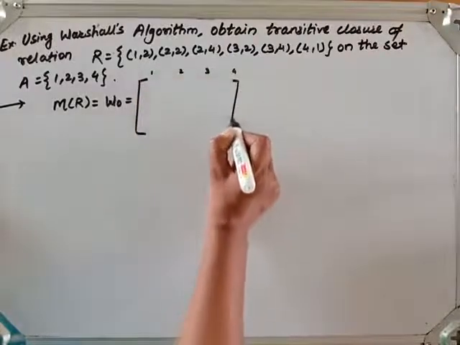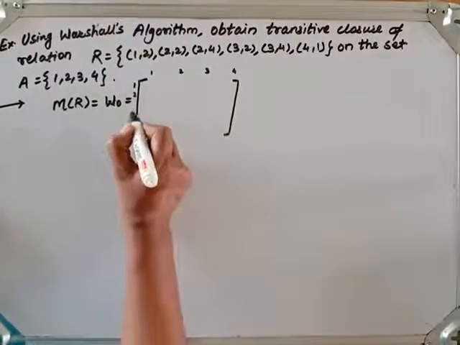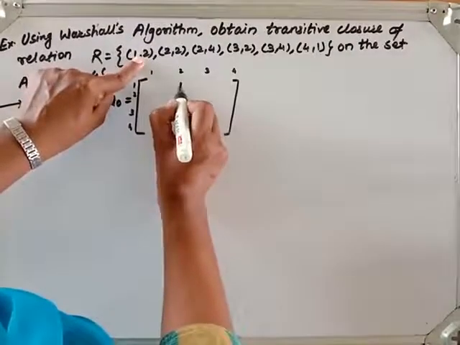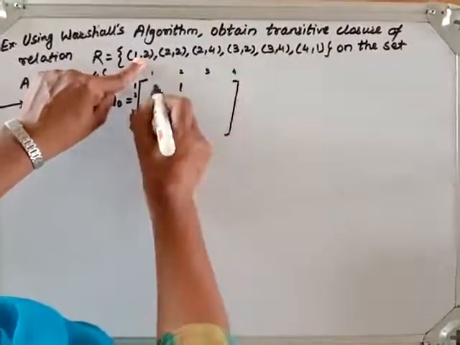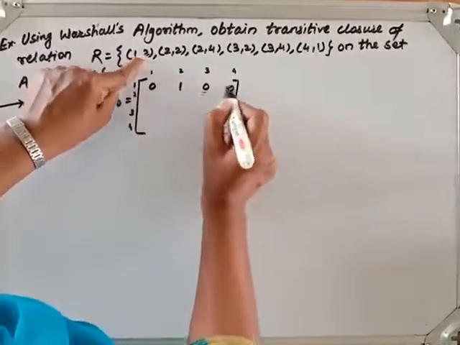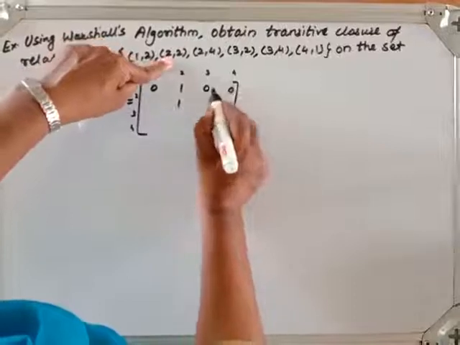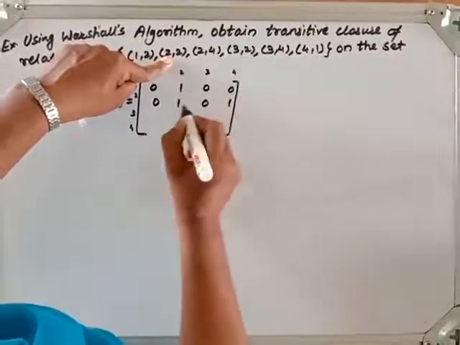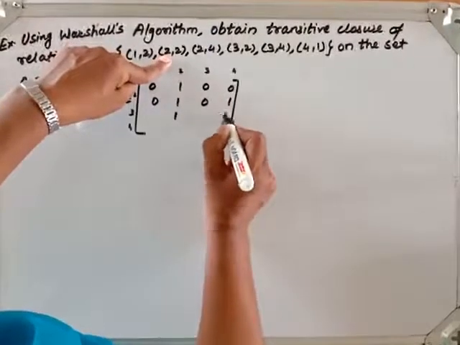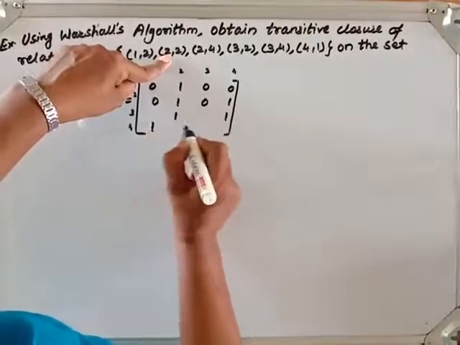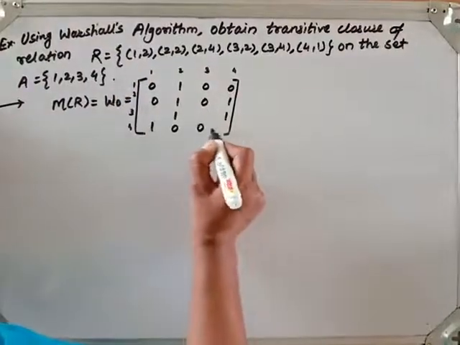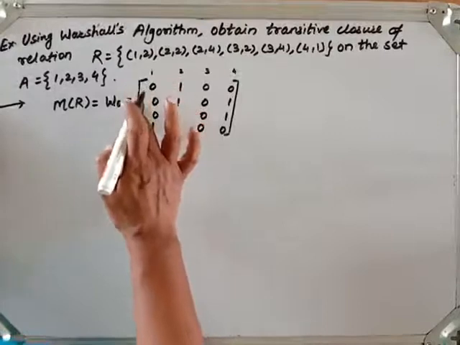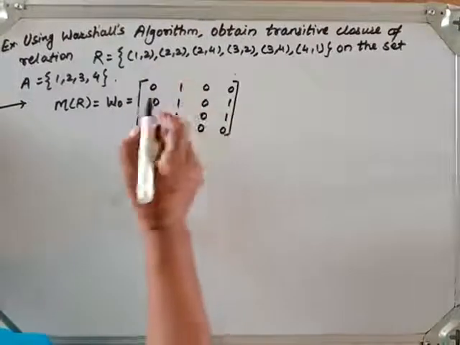Now 1 is related to 2, so here 1, and 1 is not related to any other, so zeros. 2 is related to 2 and 2 is related to 4, otherwise 0. 3 is related to 2 and 4. 4 is related to 1, otherwise 0. This is our matrix for relation R, or W0.